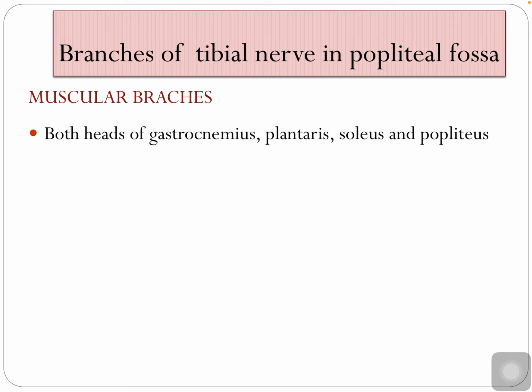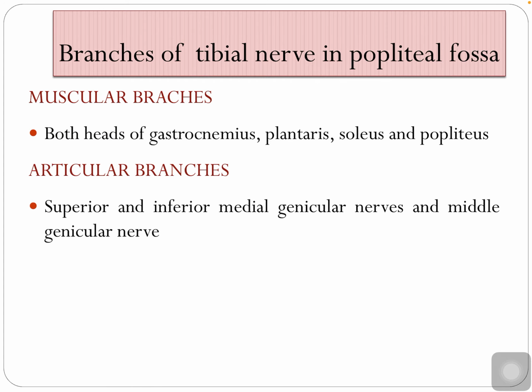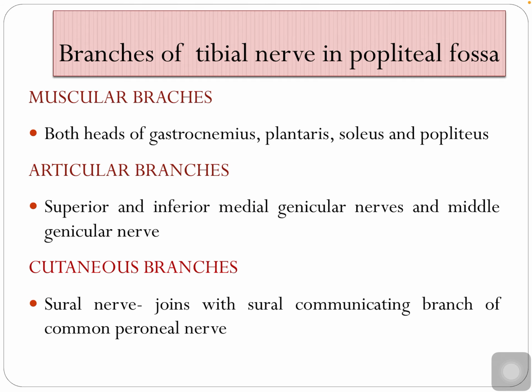So naturally the tibial nerve supplies the back of leg muscles: both heads of gastrocnemius, plantaris, soleus, popliteus. Articular branches to the knee joint: superior and inferior medial genicular nerves and middle genicular nerve. Cutaneous branch: sural nerve. This is again an important cutaneous branch from the tibial nerve.